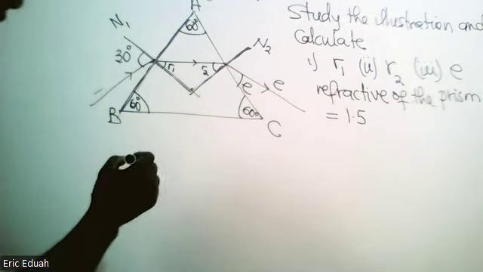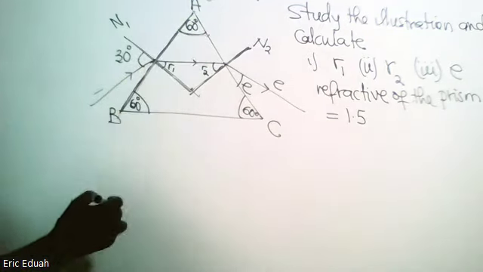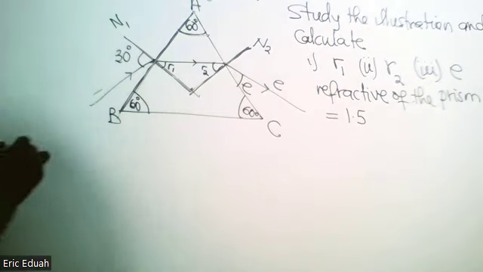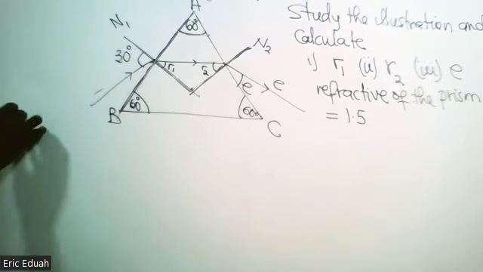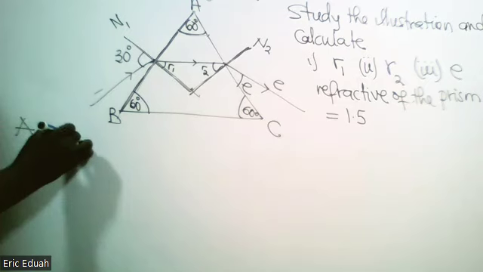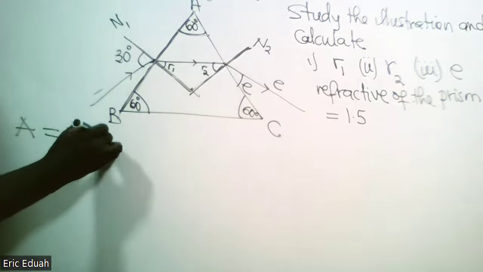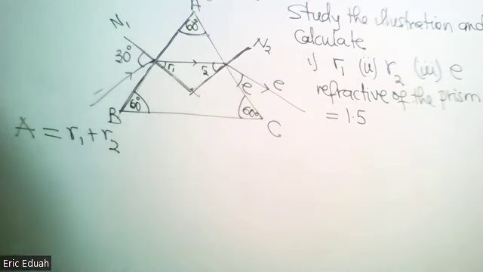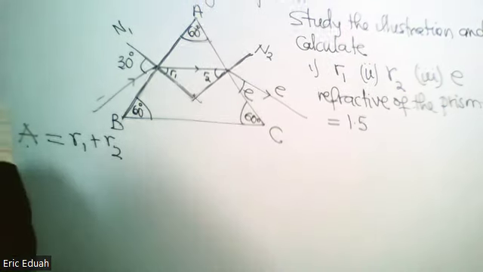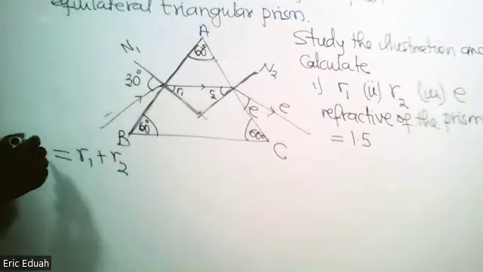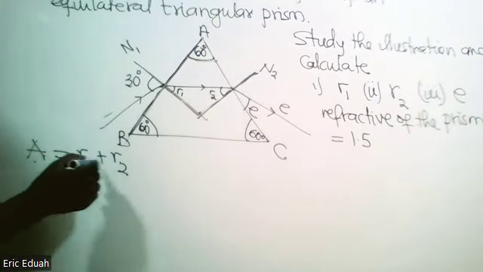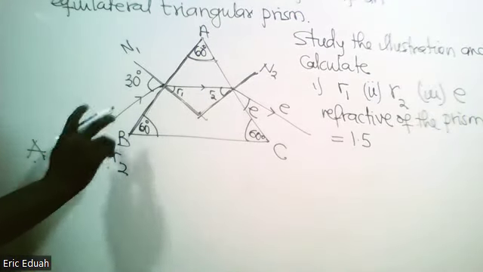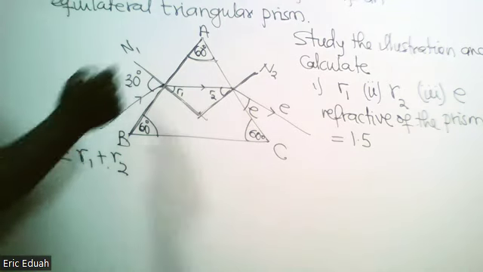One thing that I know is that the angle of the prism A is equal to R1 plus R2. Now I have A. But because I don't have any of these, I cannot find the other. A is 60.